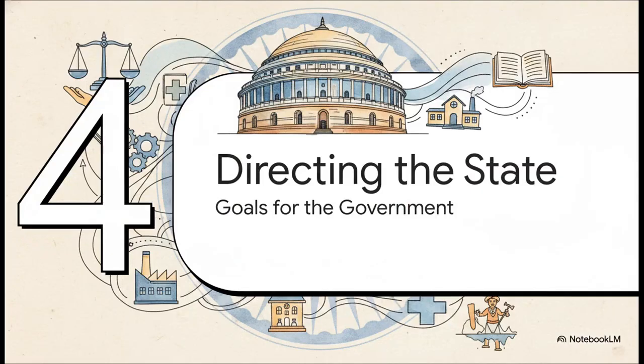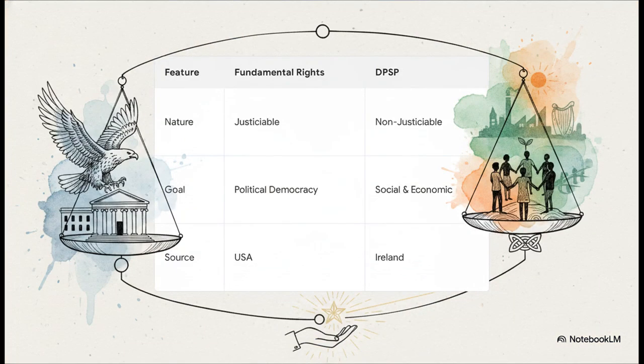Let's move on and see how this builds into Section 4, directing the state. These are the goals for the government found in Part 4. If Part 3 is what the citizen gets, Part 4 is what the government aims for. And it is a fascinating balancing act. On one side, your fundamental rights are justiciable, enforceable by courts, and aimed at political democracy.